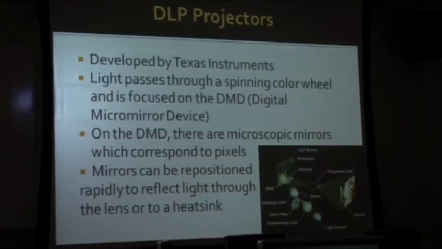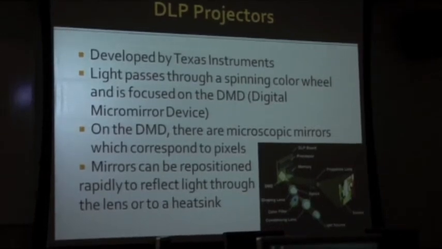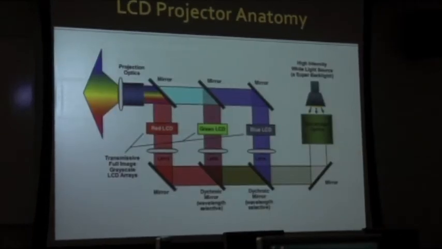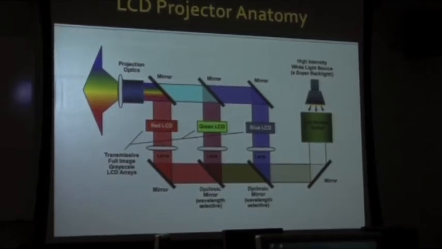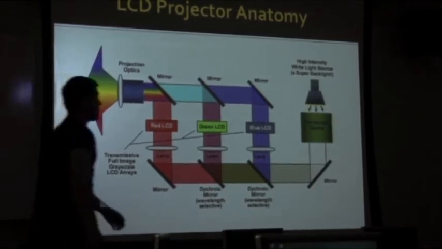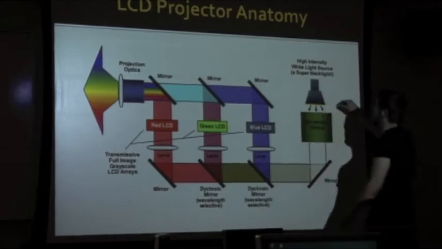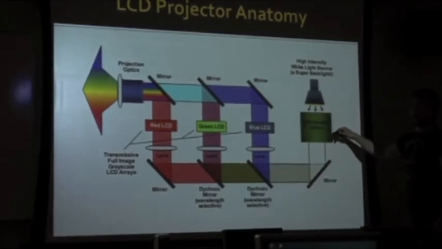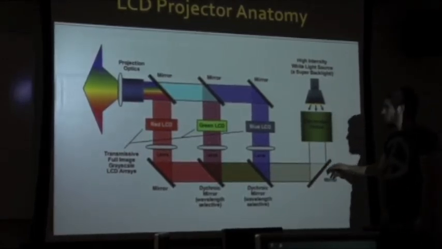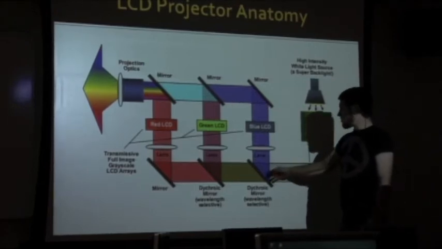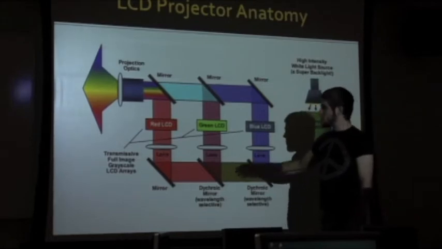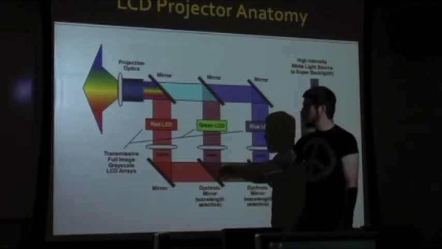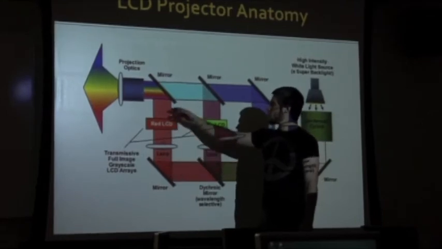DLP projectors. Tyler, could you go back to that previous screen? And could you maybe go to the screen and explain how that process goes? So we have our light source here, and that's necessary. Then it comes over here and it splits the blue light out, and the rest of the light keeps going, takes the green light out, and then we have red light over here.